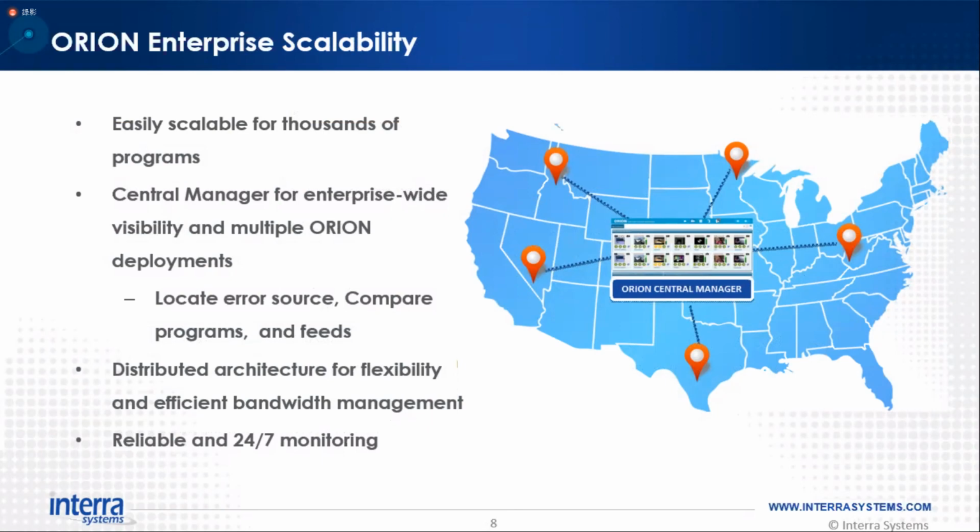Orion has been designed taking into consideration that it will be used to monitor hundreds and thousands of channels simultaneously. Having said that, one can start with a smaller setup to monitor a couple of channels and scale up gradually as and when the monitoring requirements grow.